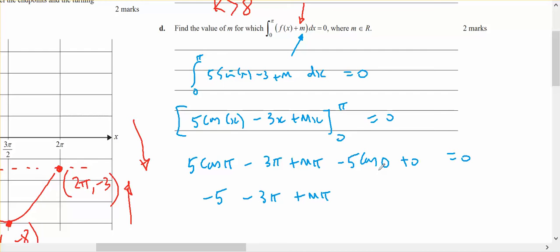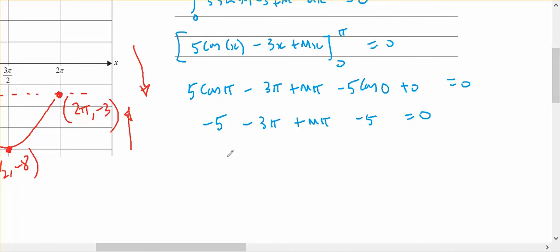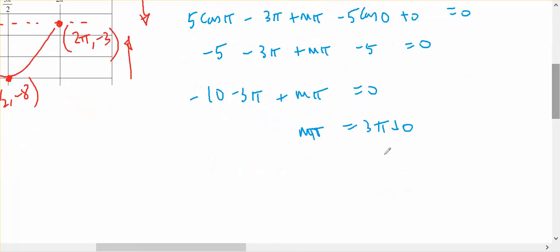Cos of 0 is 1, so minus 5 equals 0. So I've got minus 10 minus 3 pi plus m pi equals 0. M pi equals 3 pi plus 10. M equals 3 pi plus 10 on pi.